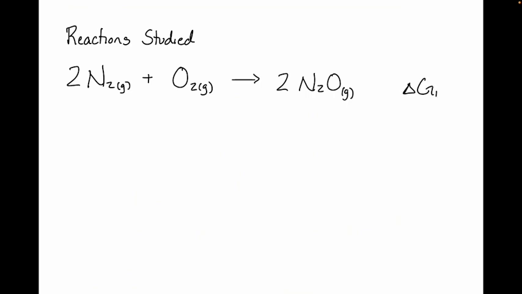I've studied this reaction. I know the delta G for this reaction. I did my thermodynamic measurements to get my delta G. And I know this other reaction, where if I start with that dinitrogen monoxide, I can do a combination reaction to get this N4O2.